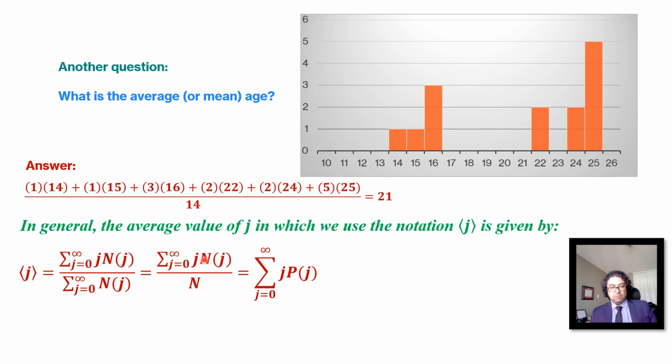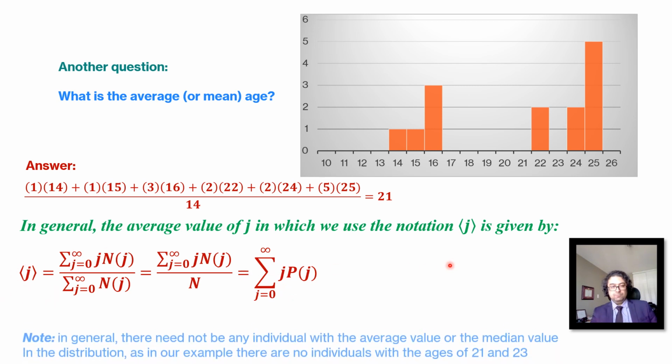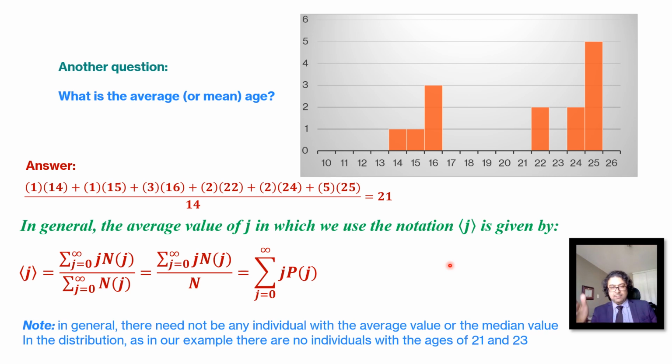Now, I see here that nj over n appears. So nj over n was p, the probability, and then that is multiplied by j. So another way of taking the average is to multiply each age by its probability and then sum them all up. That will give you the same average value. Now, as I said, in general, there's no need to be any individual with the average value or with the median value.